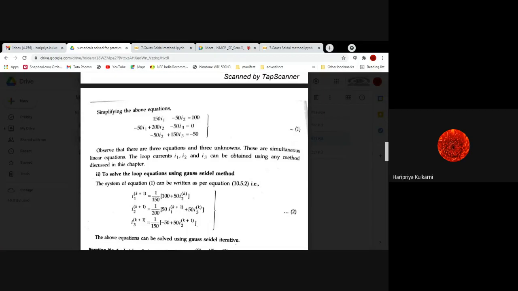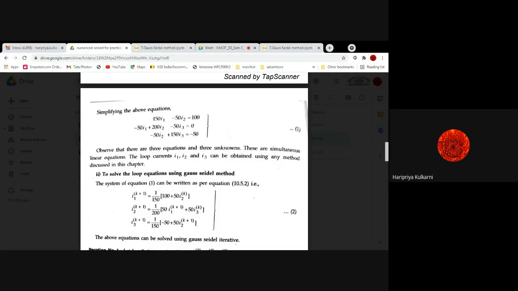Now by the Gauss-Seidel method, in my last session we have seen how to solve it. From equation 1, we have to form an equation in the form of I1 equal to. From the second equation, we will find I2 equal to. And from the third equation, we will find I3 equal to.